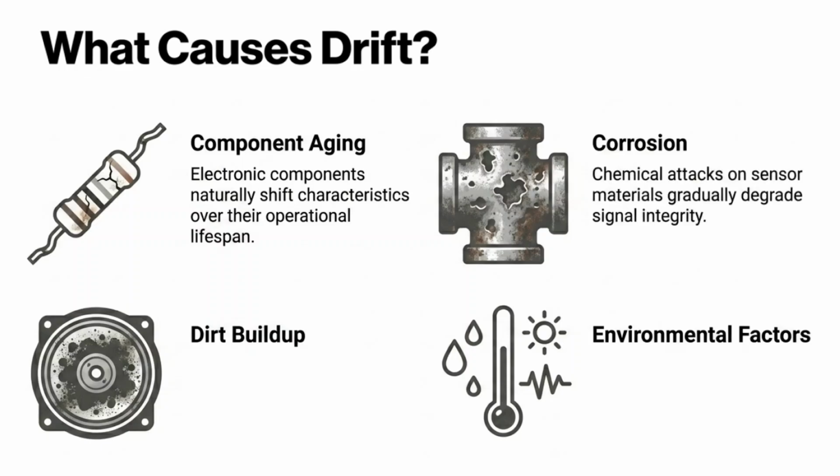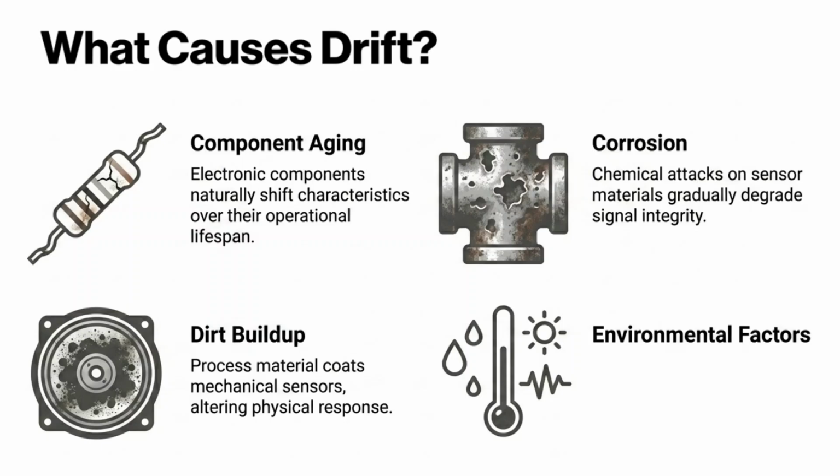Corrosion. Especially relevant in harsh industrial environments. When process fluids, moisture, or chemicals attack sensor materials or electrical connections, you get signal errors that build up over time. Dirt buildup.